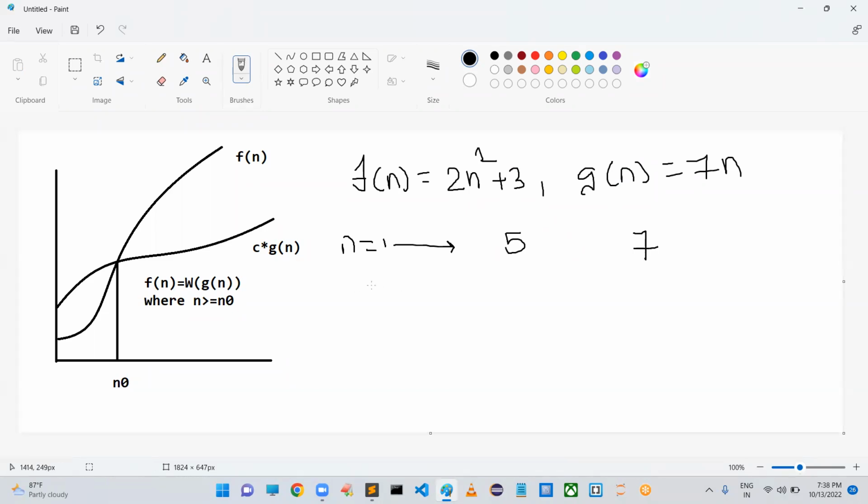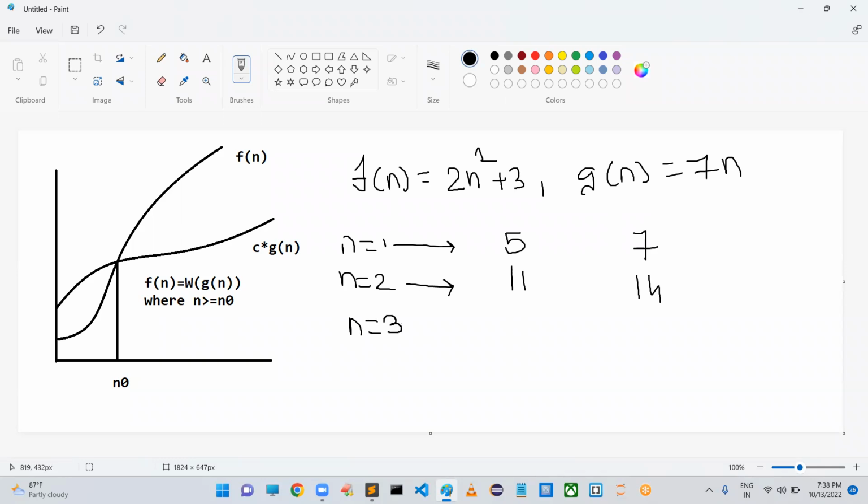When n is equal to 2, 2 square is 4, 4 into 2 is 8, plus 3 is 11. g of n is 14. Like this we are getting.